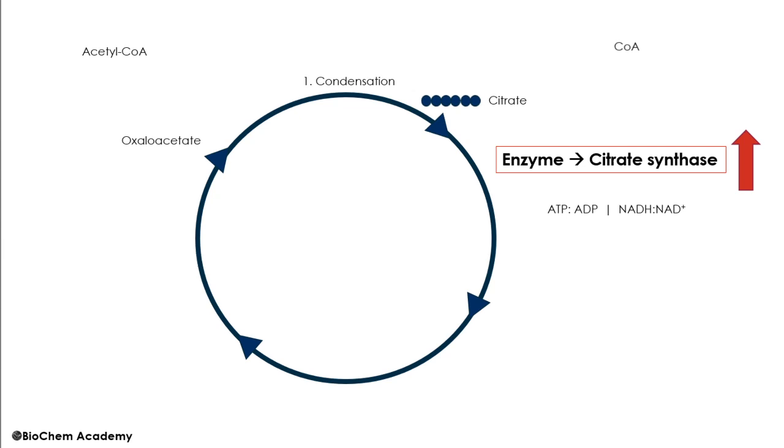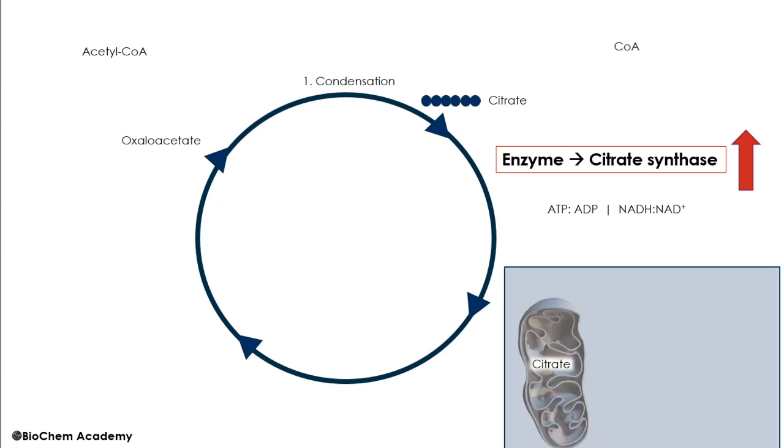Now, in another scenario where the energy demand of the cell is not high, the reaction may still occur, but then after this point, citrate will be transported out of mitochondria for other cellular processes. This is done by the mitochondrial citrate transport protein across the inner membrane. So the mitochondrial citrate transport protein transfers the citrate from the matrix to the space between the two membranes of the mitochondria.